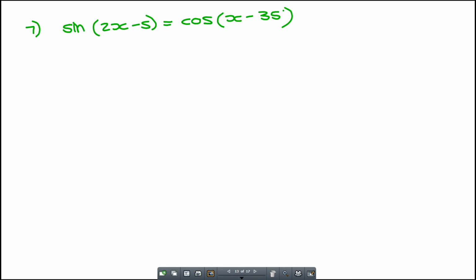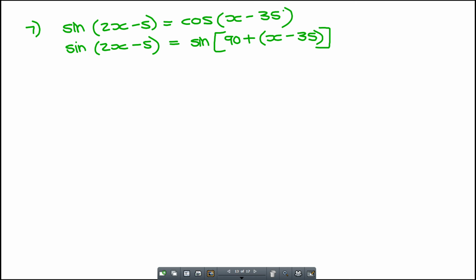Okay, right, so at number 7, the first thing is I've got sin and cos, so I had to go and change one of them. I'm going to change the right-hand side. So that cos I'm going to change to sin. Right, good, now you must stop me in between if you are not happy, okay?